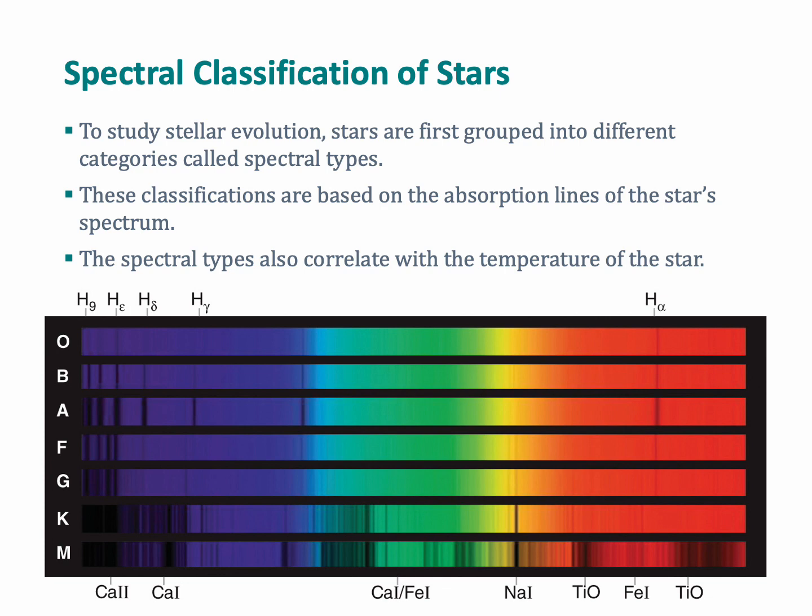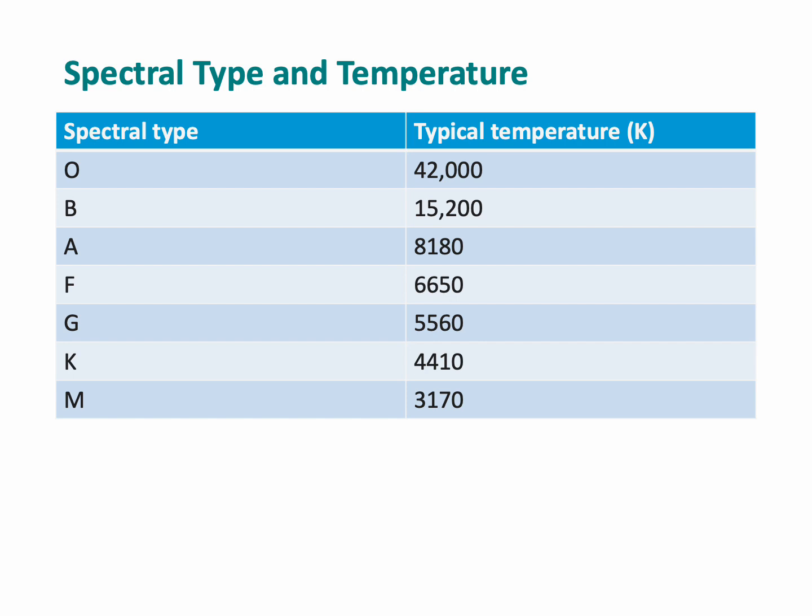And so stars are grouped into different spectral types, and the spectral types are O, B, A, F, G, K, M. And this is kind of weird, but it's really a historical artifact.